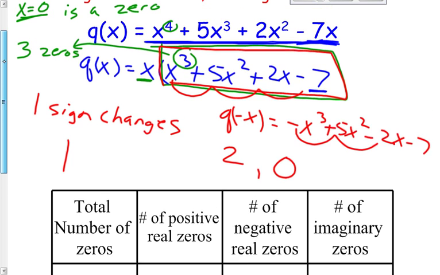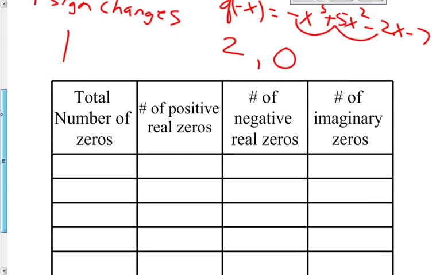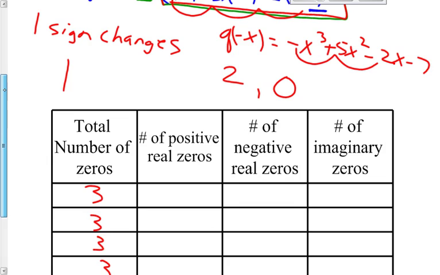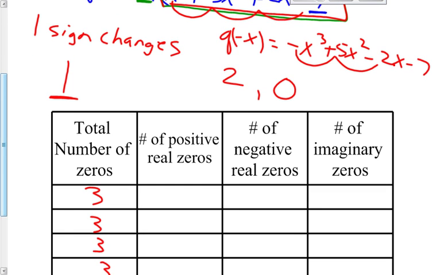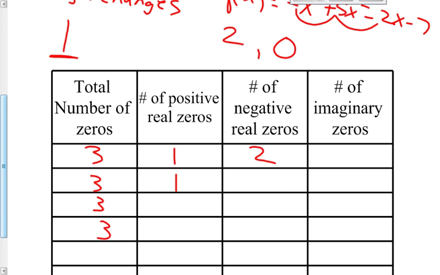So with this, let's fill out our chart. There's going to be a total of 3, because remember that's our new degree. So 3. Now, we know that one of them is going to be positive. So we're going to have 1s here. So if one of them is positive, we might have 2 of them negative, or we might have 0 of them negative.